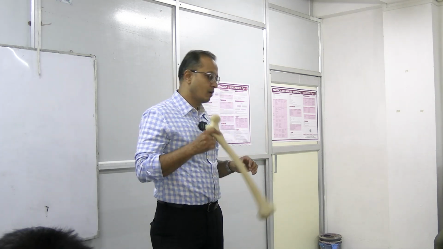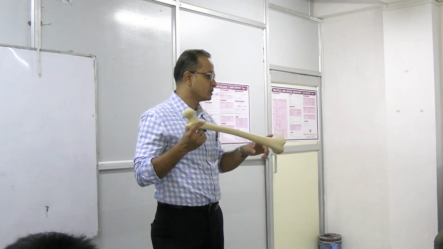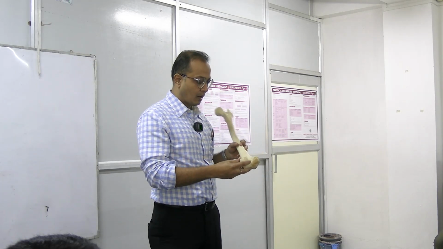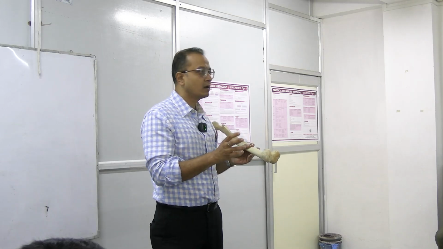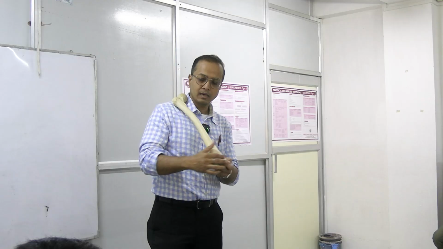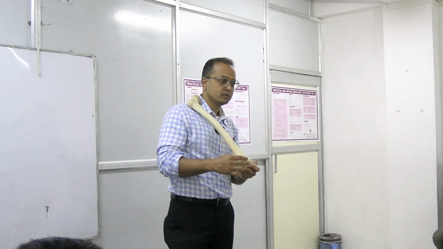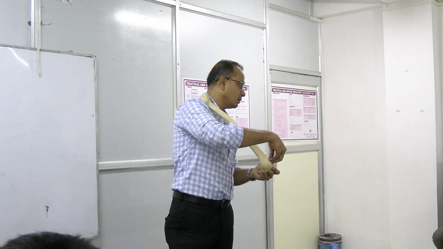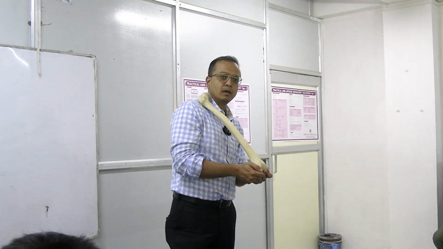Okay. Now I am complicating it a little with this particular condyle. The condyle has two parts, medial condyle and lateral condyle. Anteriorly the condyles are joined with each other. We have the articular surface, the upper part articulating with the patella and the lower part articulating with the tibia.